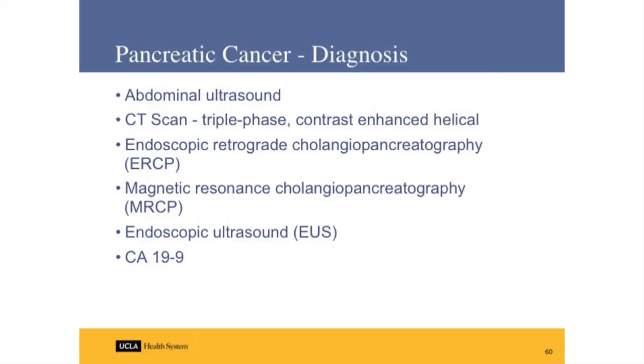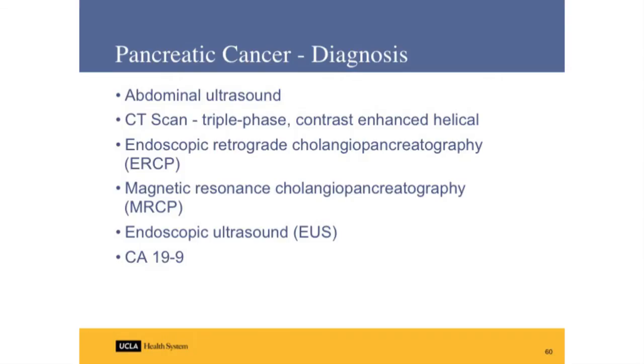CT scan can be used in the diagnosis also. A special type of CT scan called a triple phase contrast enhanced helical CT is more specific and gives us better images of the pancreas. And then ERCP can also help diagnose pancreatic cancer, and MRCP, which is an alternative to ERCP, can also help diagnose.